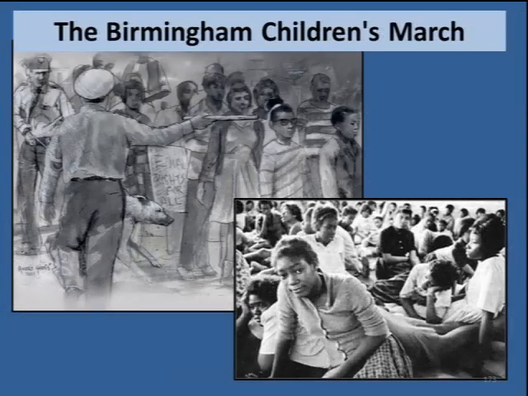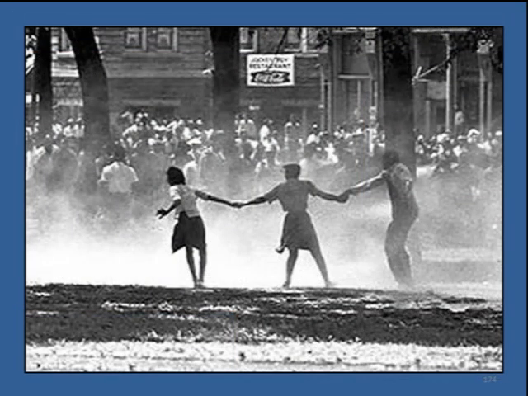What is now known as the Birmingham Children's March started on May 2, 1963, and lasted until May 7th. On the first day, 1,200 students were arrested, and by the fourth day, 2,500 protesters were in jail. To try to stop the marchers, the fire department used water hoses and the police used attack dogs.